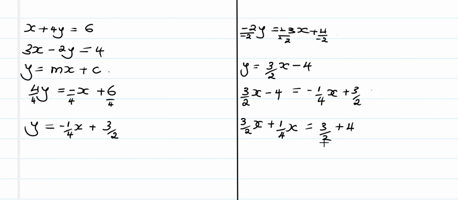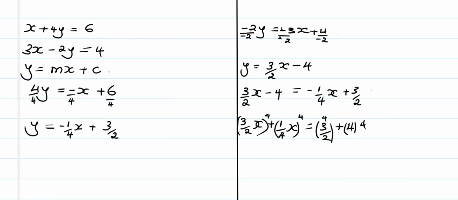So instead of using the LCM, I can just multiply each part by 4, like this. This part, I'm multiplying by 4. This part, by 4. This one, by 4. And this one, I'm also multiplying by 4.